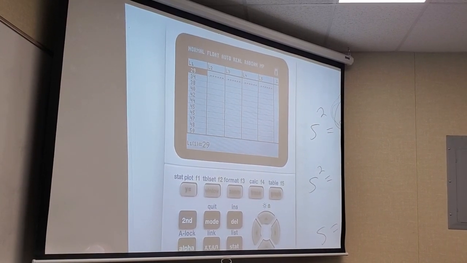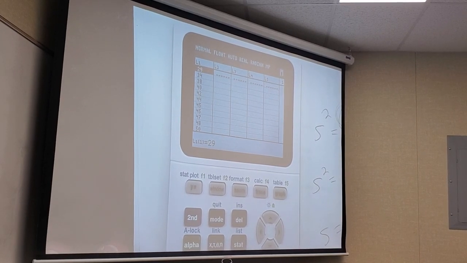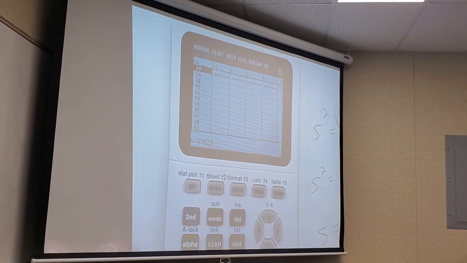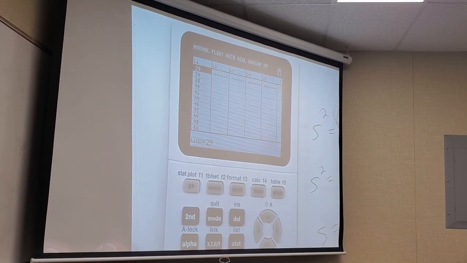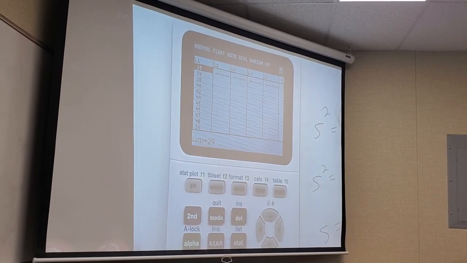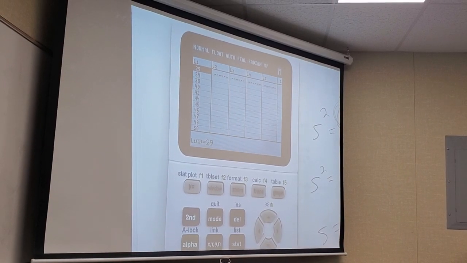A question out of nowhere. It's about quartiles and percentages. If you're in the 70th percentile of something, does that mean you have a greater score than 70% of the people? Yeah. You scored higher than 70% of everybody else.